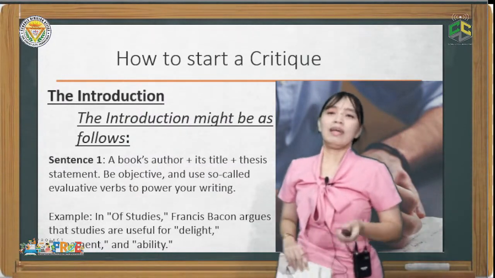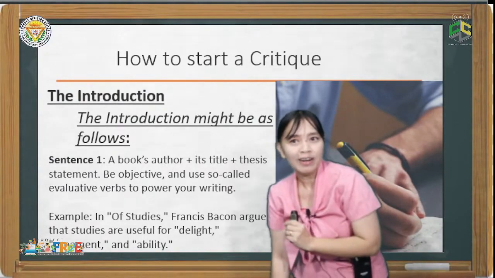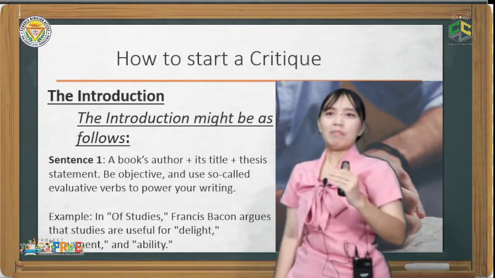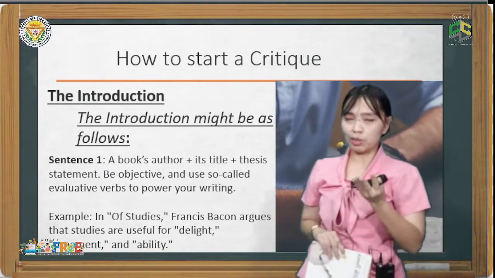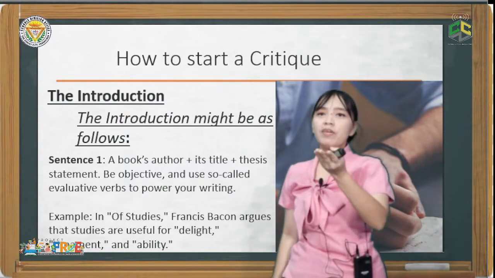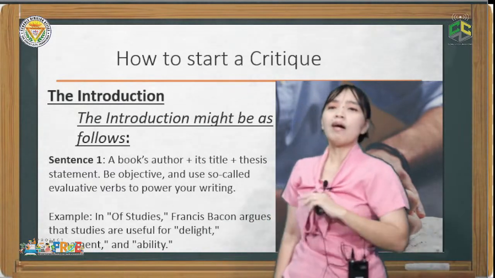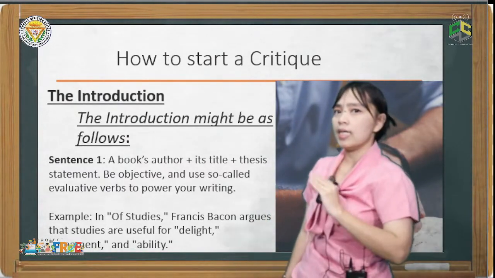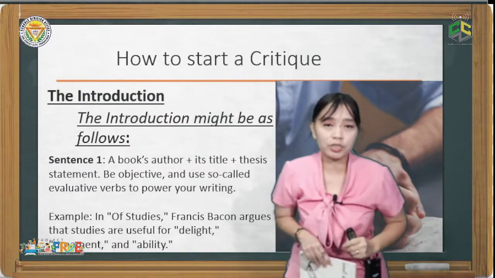And of course, please do not forget to be objective, because it's always necessary that we have to be balanced when it comes to coming up with a critique paper. So, I have here one example. I got right here one of my most favorite English writers in literature, the father of the English essay.